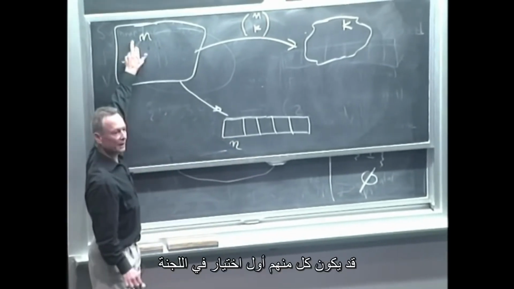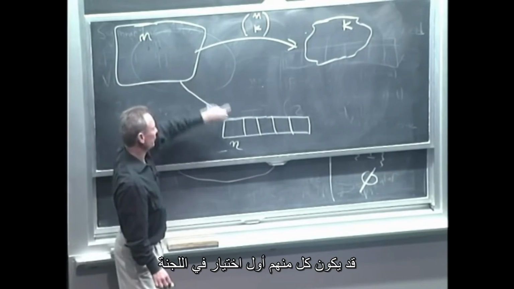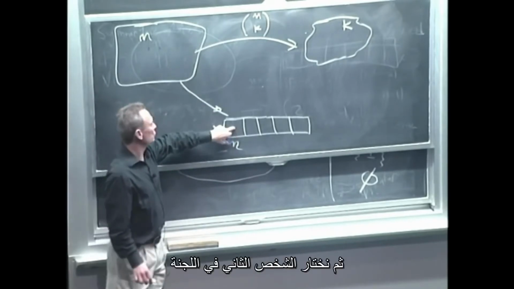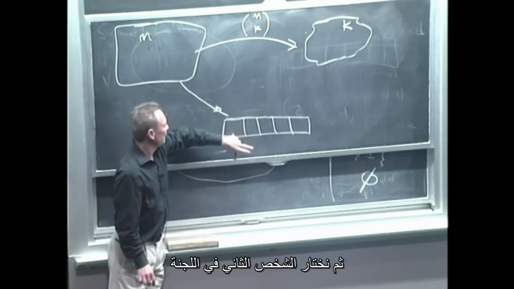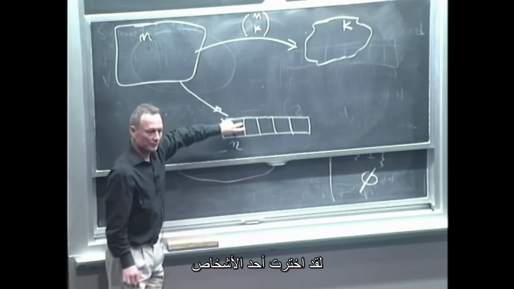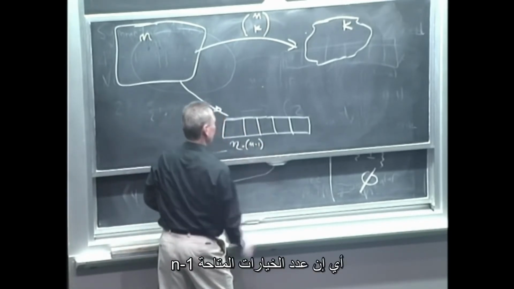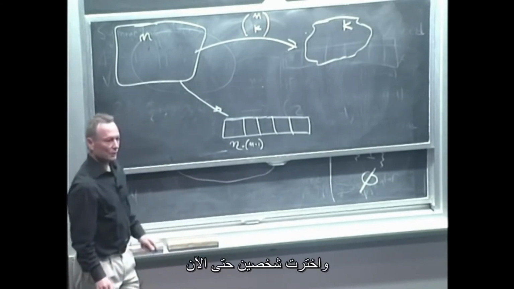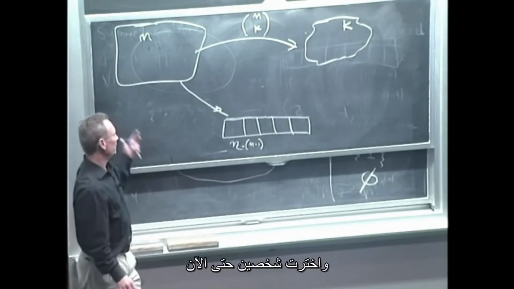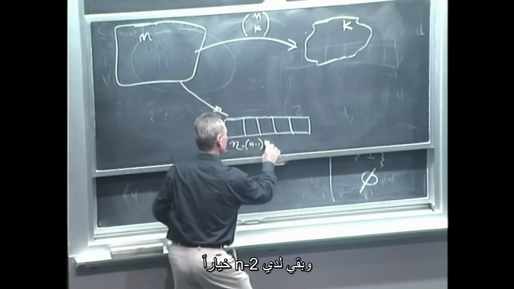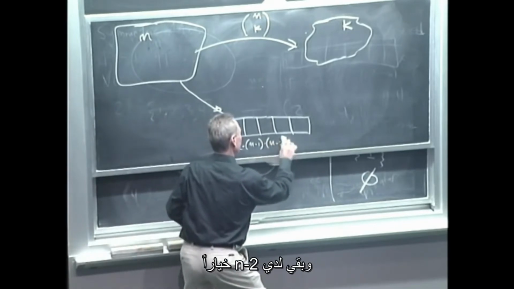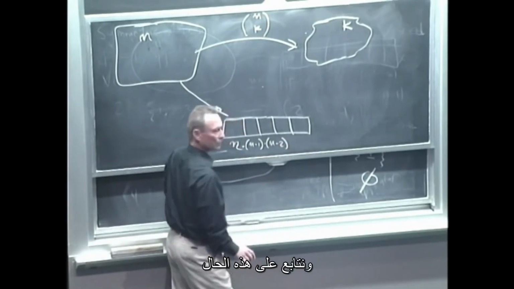We can pick anyone and have them be the first person. Then I'm going to choose the second person in the committee. I've used up one person, so I'm going to have n-1 choices here. And now at this stage, I've used up 2 people, so I have n-2 choices here. And this keeps going on.